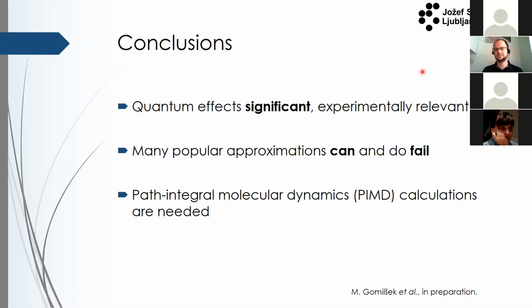When you talked about the path integral molecular dynamics method, you basically represented the quantum particles as a lot of classical particles. So my question is, what is the sensible value of P?